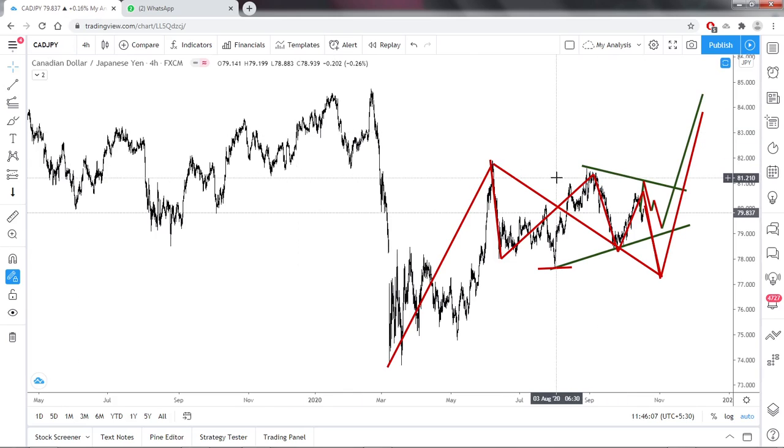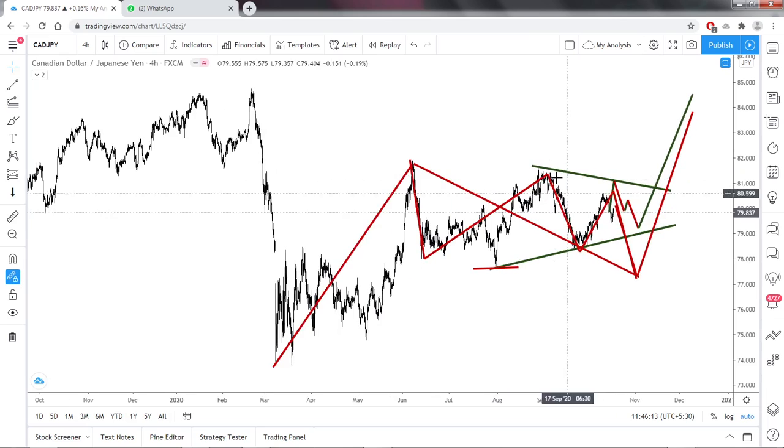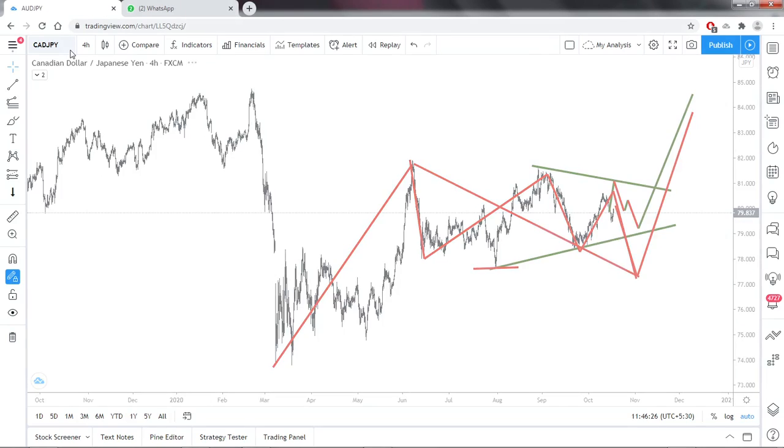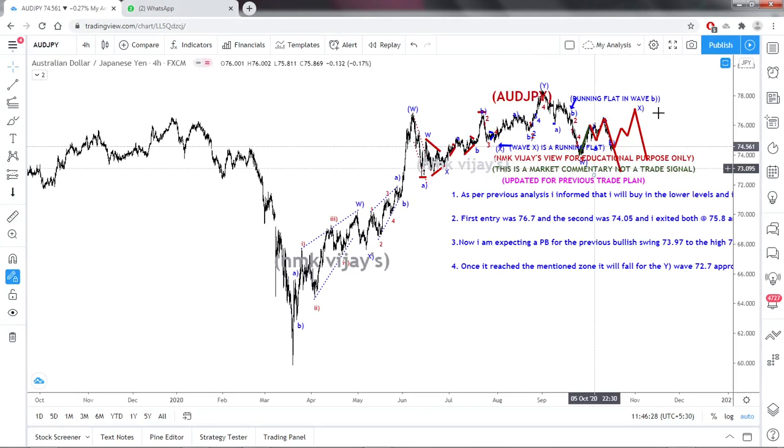Because I am expecting USD JPY also to go to the higher side, at the same time CAD JPY can move higher. If CAD is very strong compared to the JPY, CAD will move first here, and in AJ it will move from here to here only.